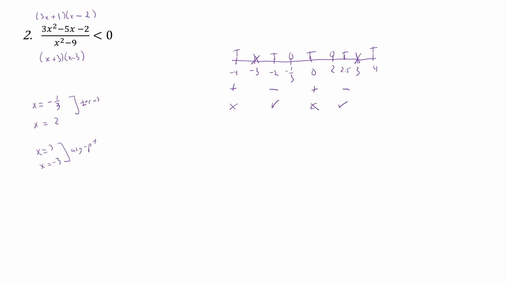And that's going to be positive, and that one again is not going to be used. So our only pieces that we're going to use are between here, and then from here to here. And so it's going to be from minus 3 to minus 1/3 union, and then it's going to go from 2 to 3. Okay, and so that's how we would solve this one.